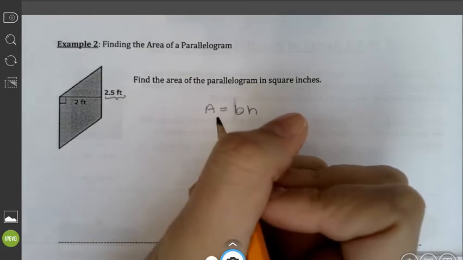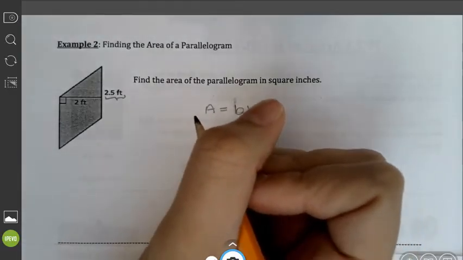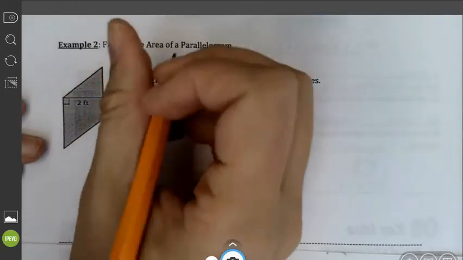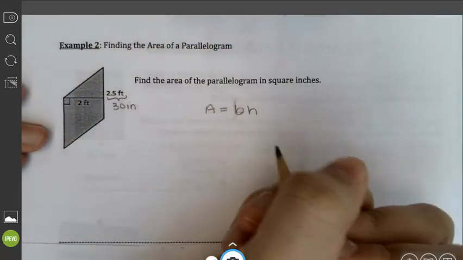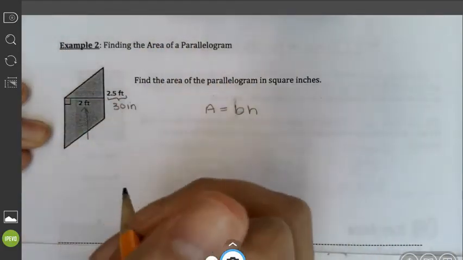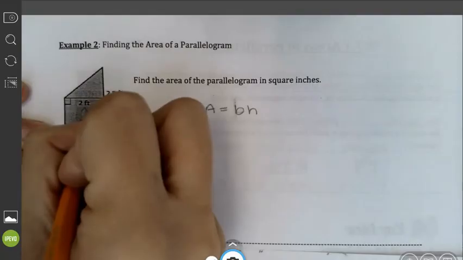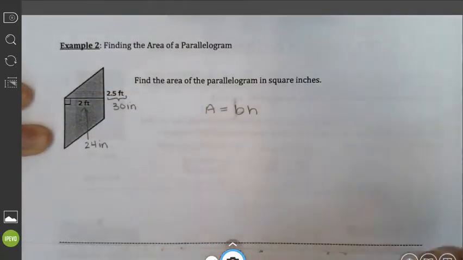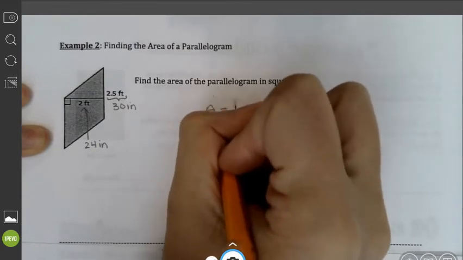Now I know in 1 foot, there is going to be 12 inches. So I'm going to multiply 2.5 by 12, and I get 30 inches. Same thing for this piece, 2 feet times 12 gives me 24 inches. So those are the numbers that I'm going to be using.